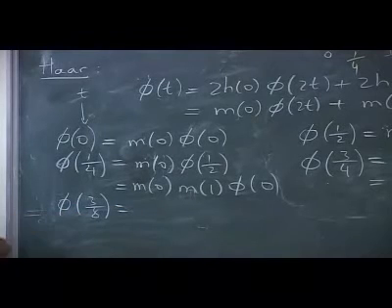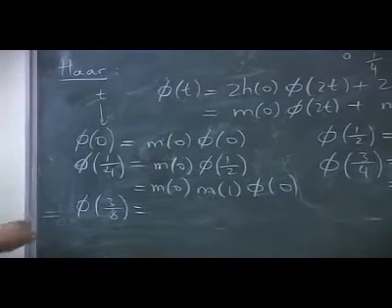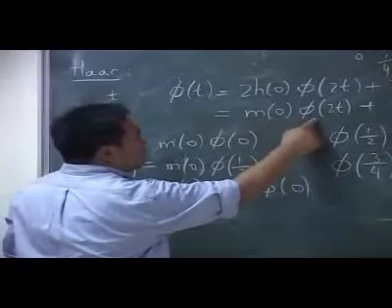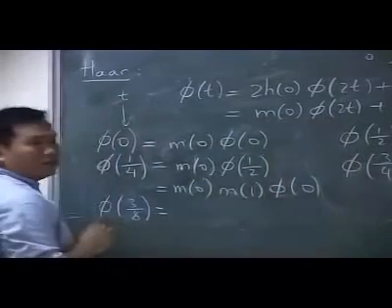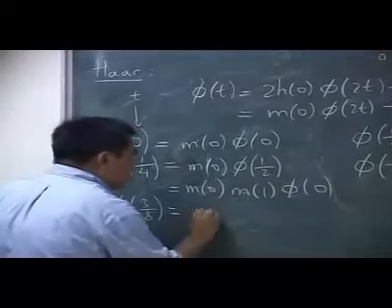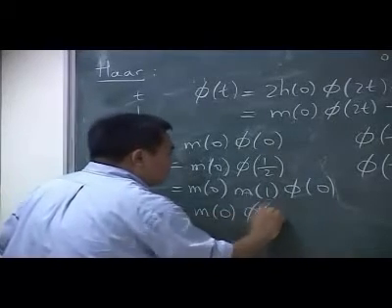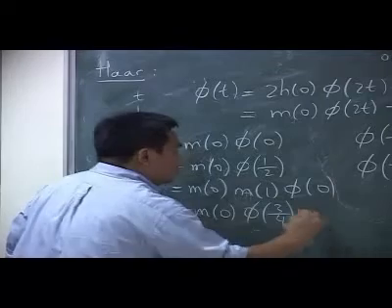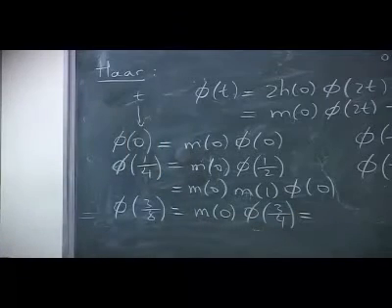Let's look at only 3/8 for now. What is phi of 3/8 equal to? It will be M0 phi of 3/4, right? And phi of 3/4, which is what? It's right there, right?